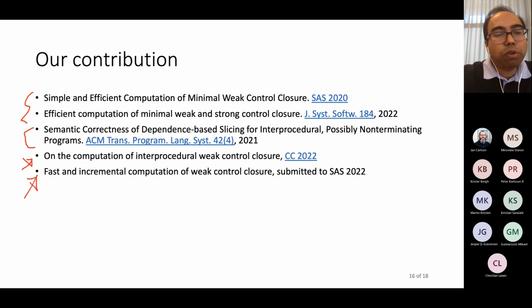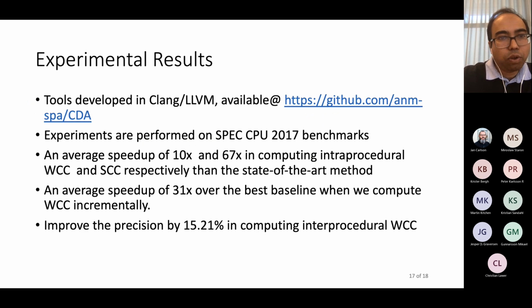And in the final work here that we submitted to SAS, we compute WCC incrementally. If we look into the experimental results, we developed all our algorithms in the Clang LLVM framework and performed experiments on SPEC CPU 2017. On average, we obtain a speedup of 10x and 67x in computing WCC and SCC over the state-of-the-art method.